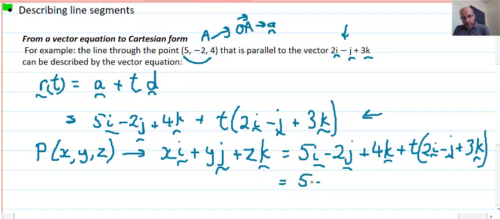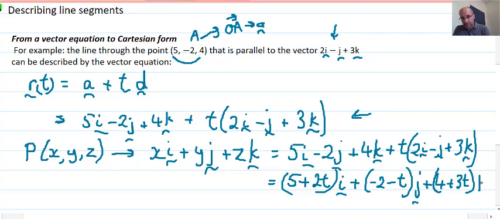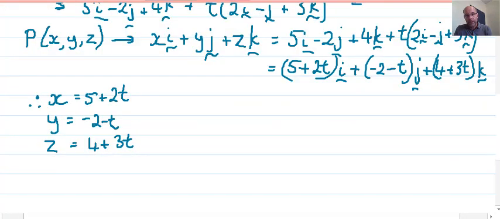Or 5 plus 2t i, plus -2 minus t j, plus 4 plus 3t k. We get parametric equations, as you can see, for x, y, and z relating to t.